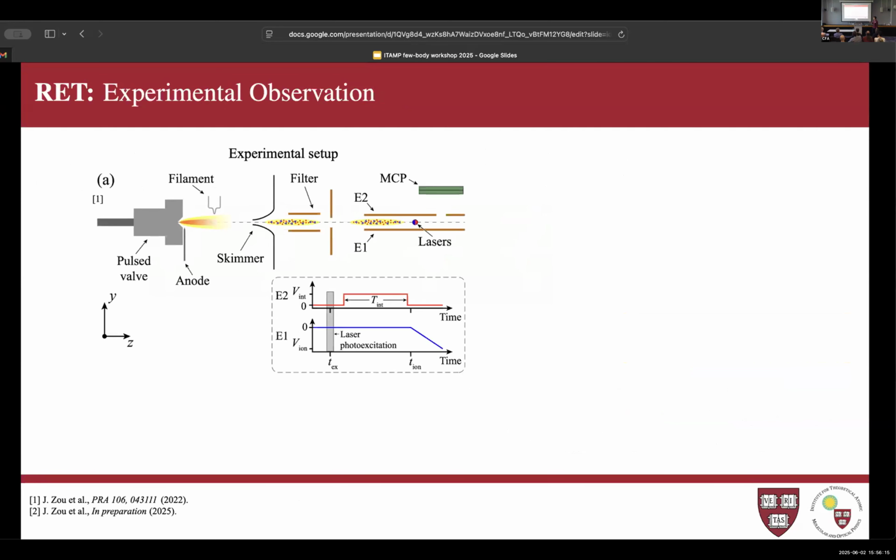They have a filament here, which has helium atoms spitting out of it. They pass these helium atoms through this filter, which are then excited to their Rydberg states. These are highly excited Rydberg states, in the interval of n equals 64 to n equals 65 excitations of the Rydberg atom.